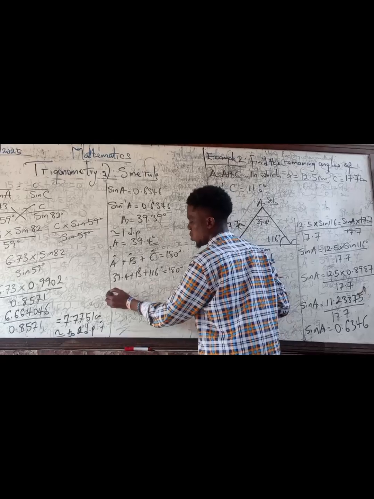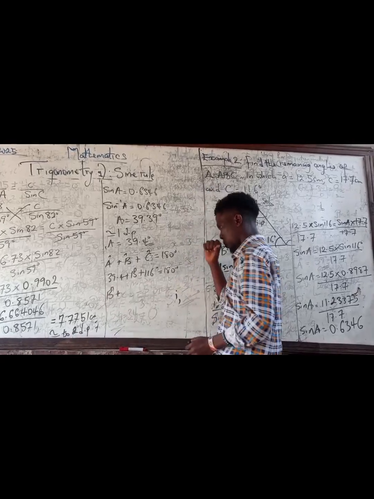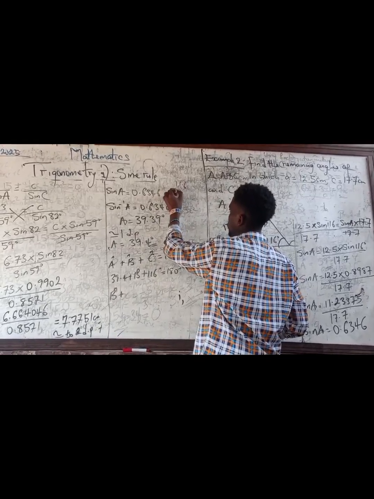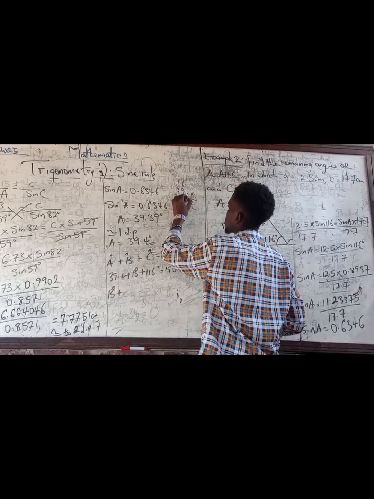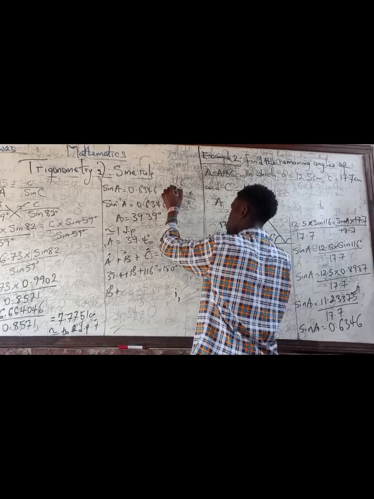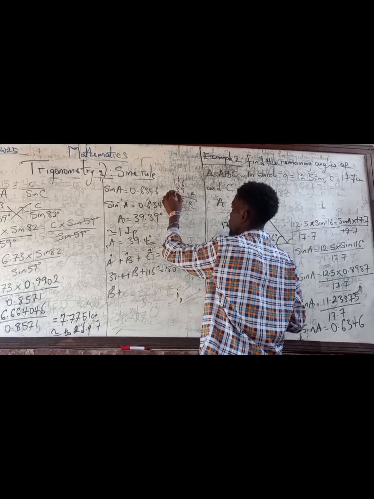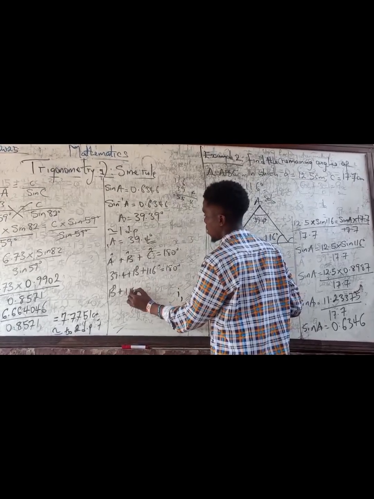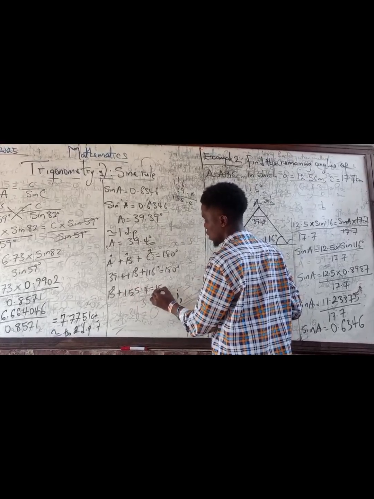If you add these two, 116 plus 39.4, you have 155.4, and that plus B is equal to 180 degrees.